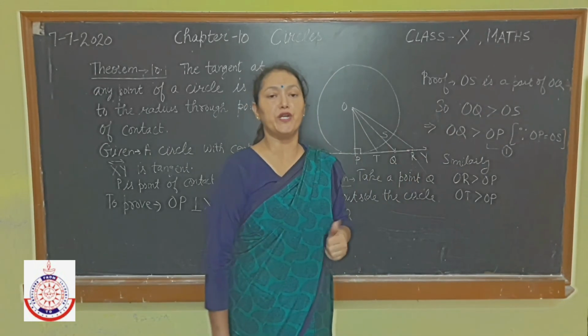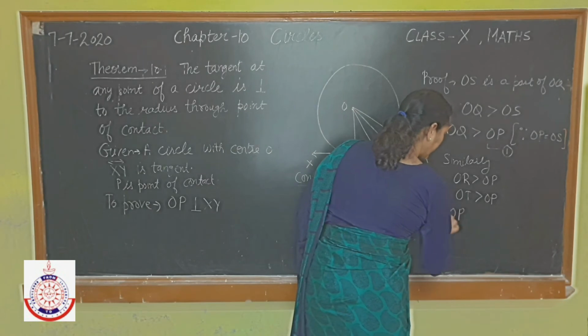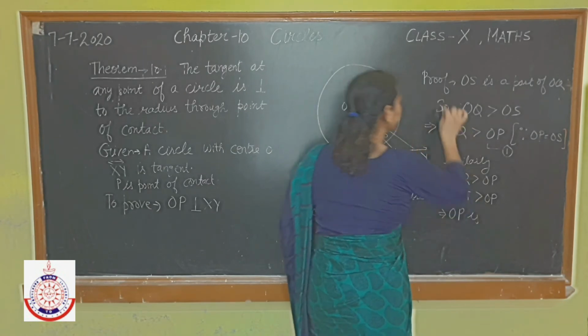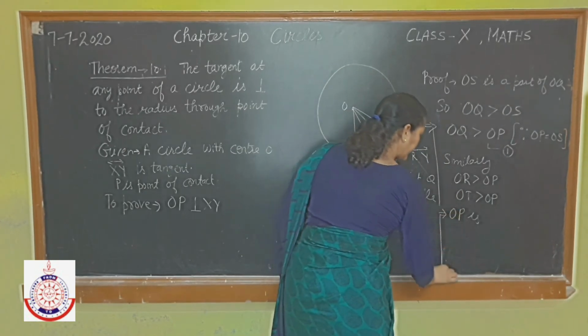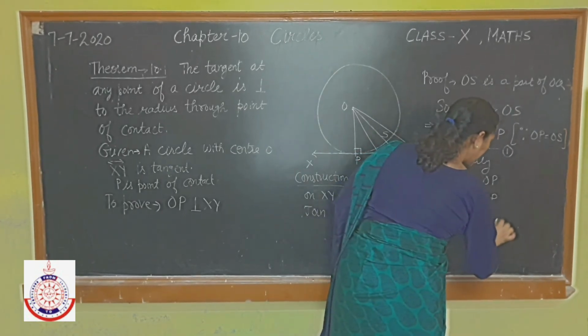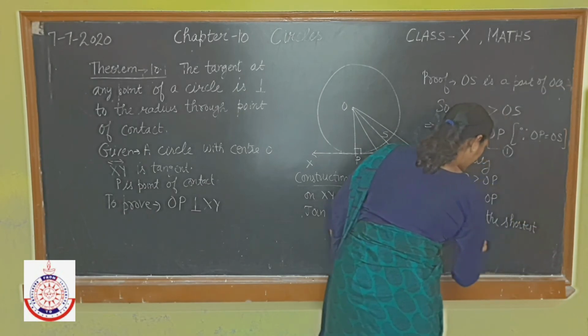So what does it prove? It proves that OP is the shortest side. Implies that OP is the shortest distance. Shortest distance.